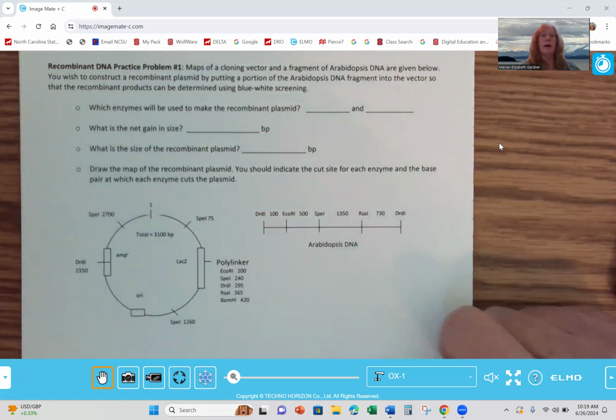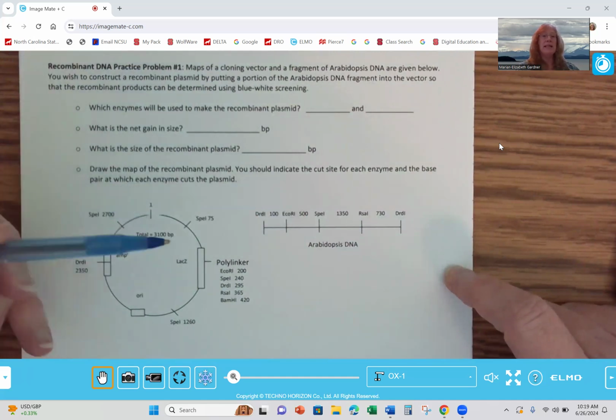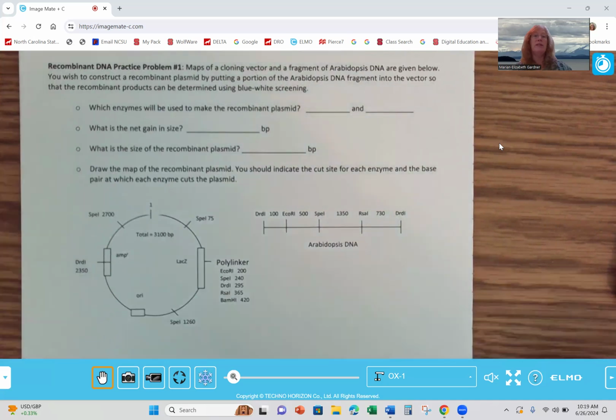And we want to make a recombinant plasmid by putting some of this Arabidopsis DNA into the vector so that we can use the blue-white screening technique in order to determine the products that have the recombinant plasmid. You may remember from the lecture that the blue-white screening technique means that those cells that end up taking up the recombinant plasmid will grow white on selective media that contains ampicillin, IPTG, and X-gal.